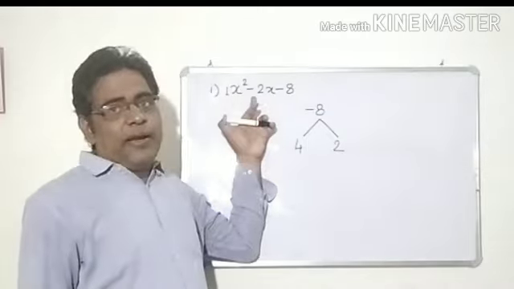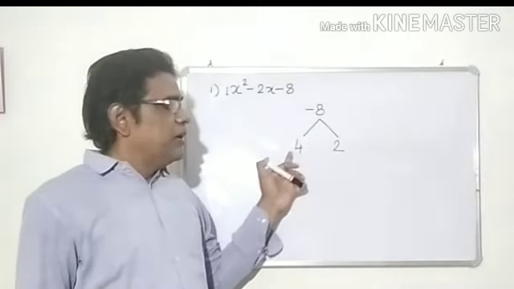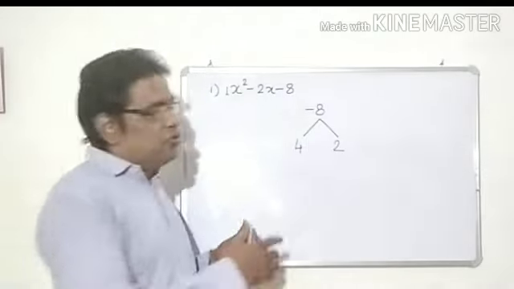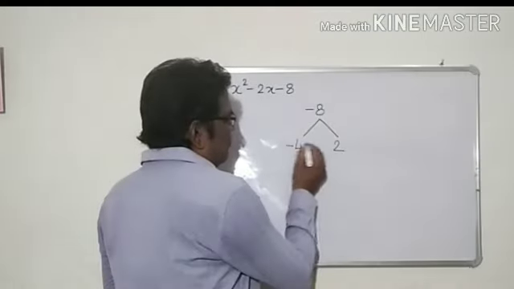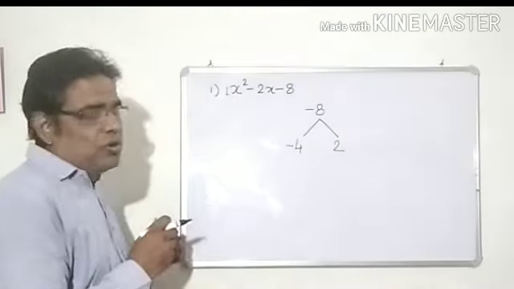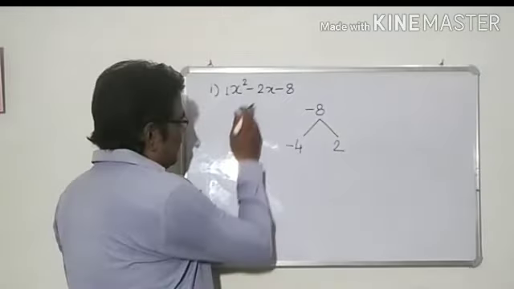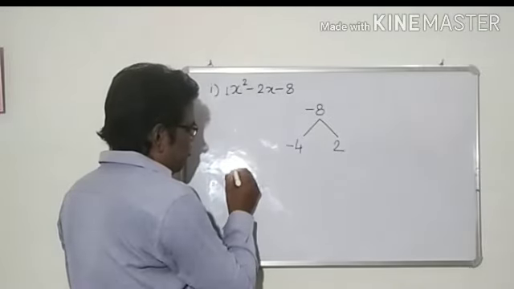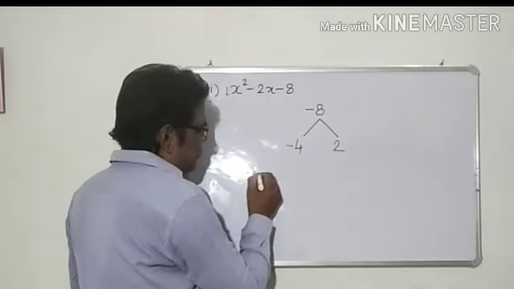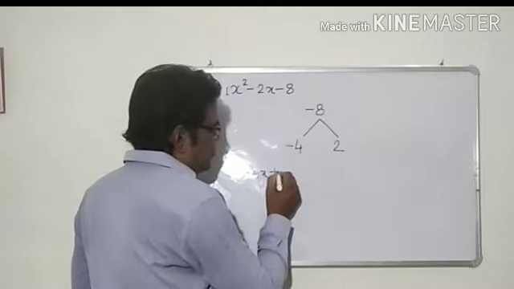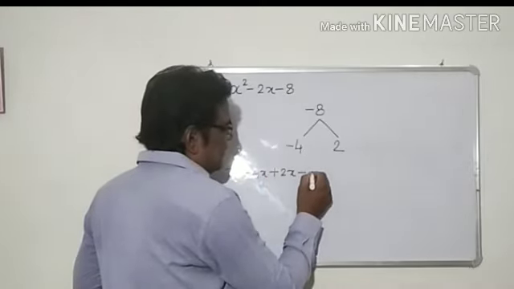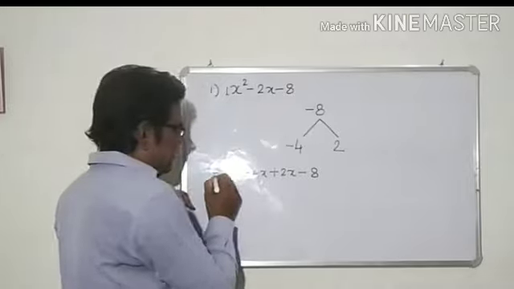Since here we have negative, the bigger number will take the negative sign. So you will have minus 4 and 2. Now this can be written as x square minus 4x plus 2x minus 8.